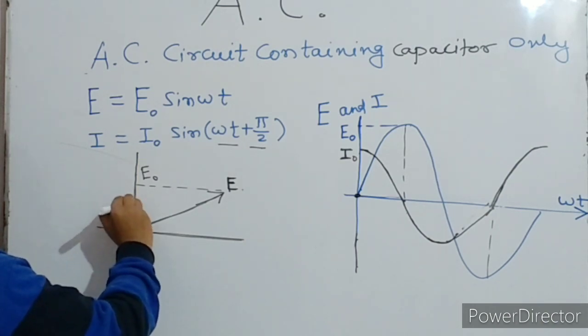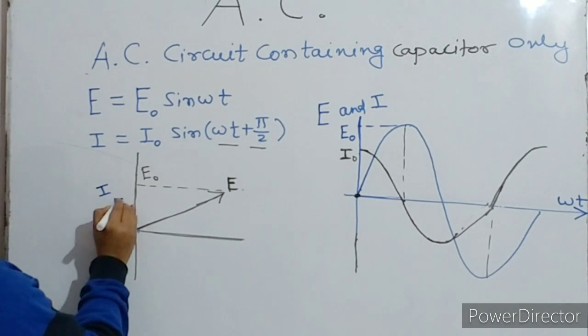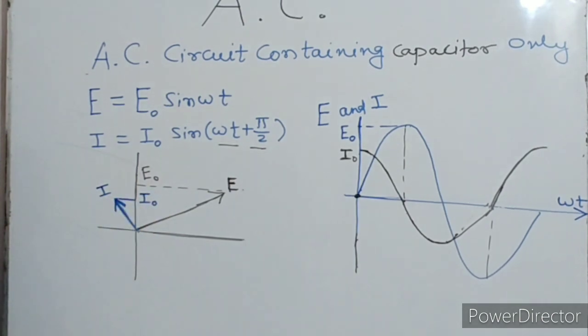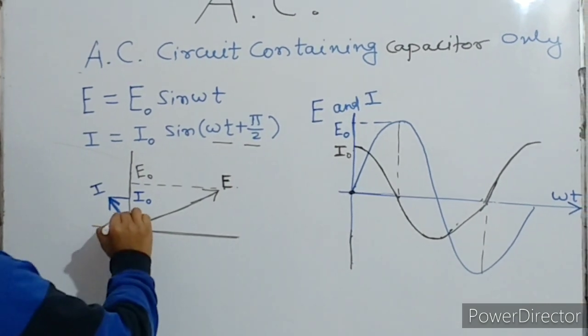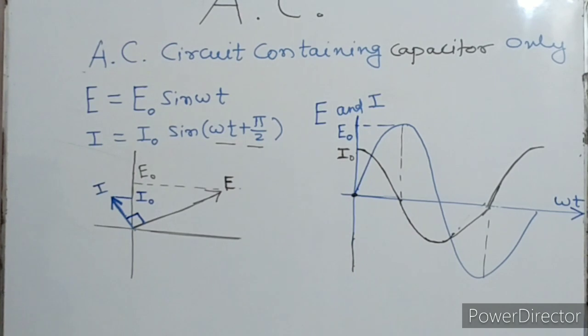Now this is I, and this is the value I naught. And this angle is 90 degrees, that is pi by 2.